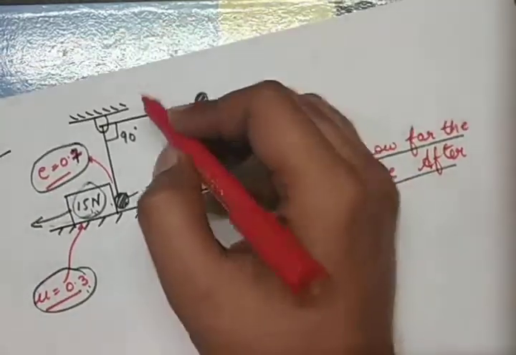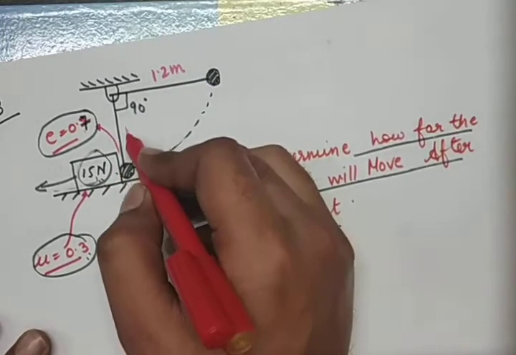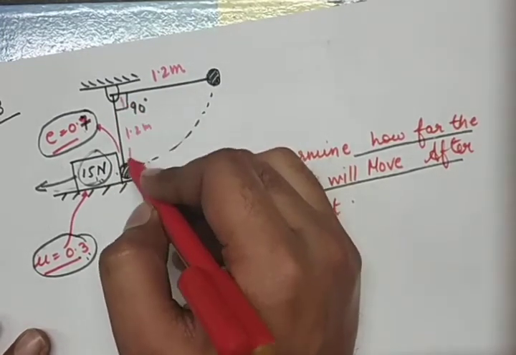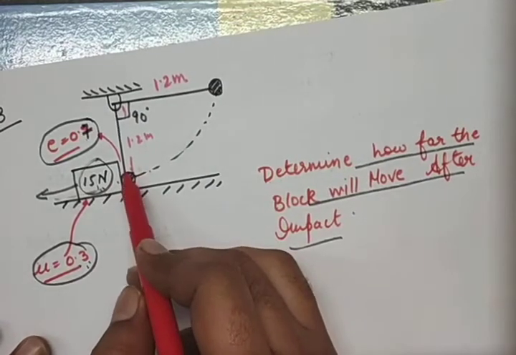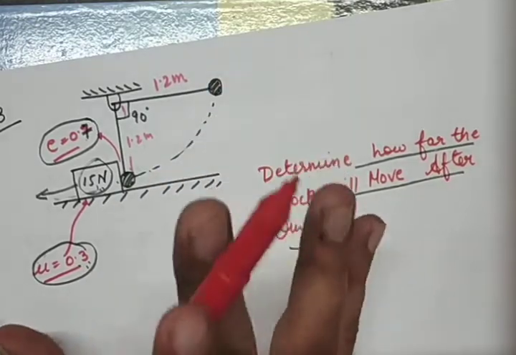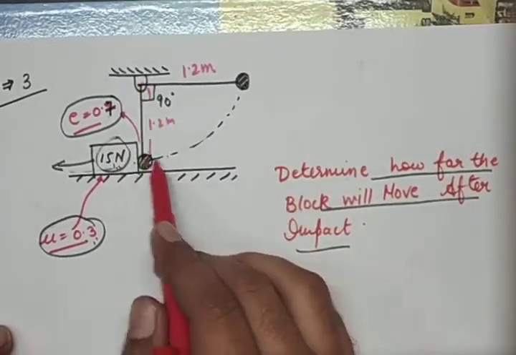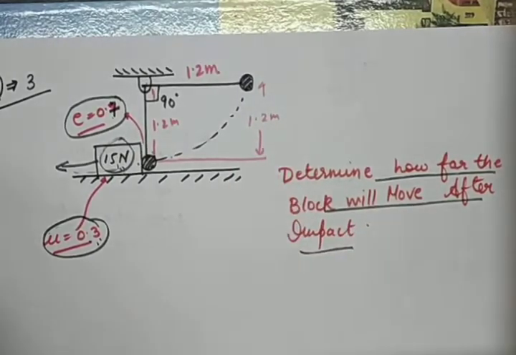This is given as 1.2 meter, so this is also 1.2 meter. What is the height? 1.2 meter. Here it is given, so keep in mind that this is also 1.2 meter.